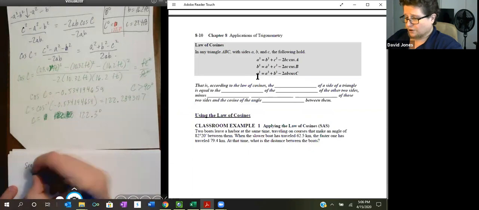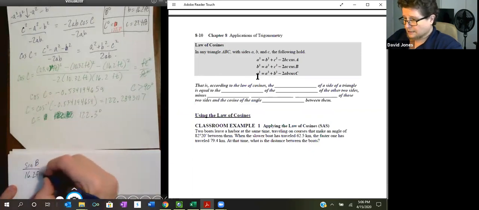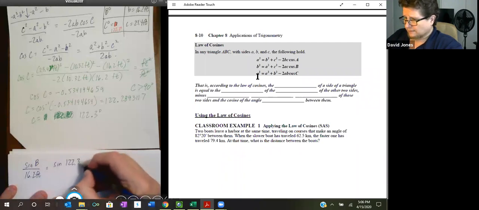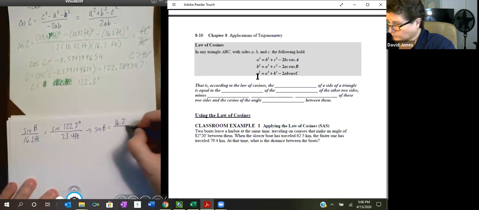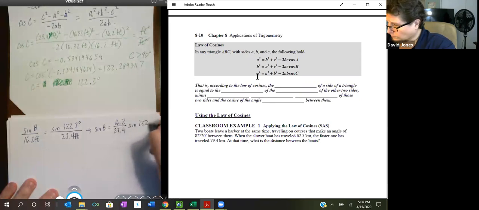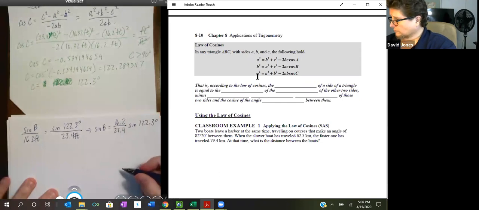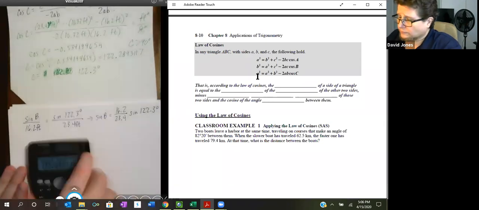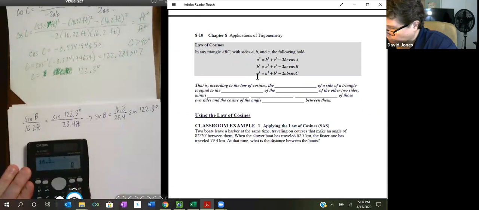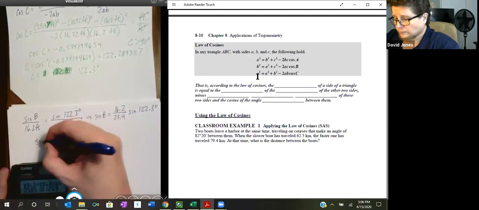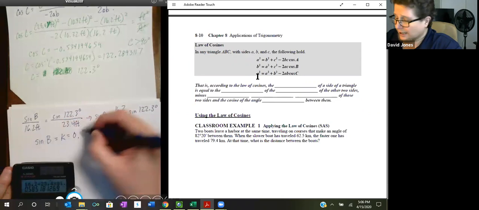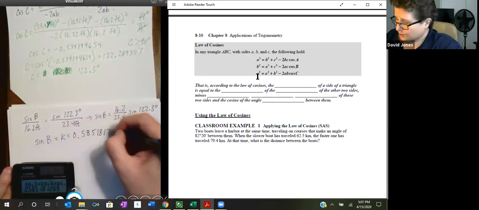So sine of B over B equals sine of C over C. That's going to equal K, which is 0.5851811269.